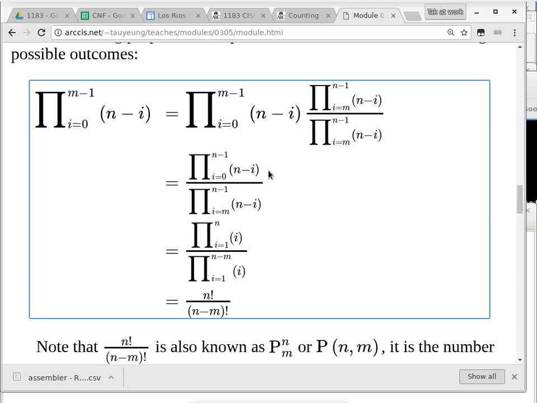So now we have basically n times n minus 1 times n minus 2 all the way down to 1, which is this particular multiplication. But that one has a name, we call it n factorial.